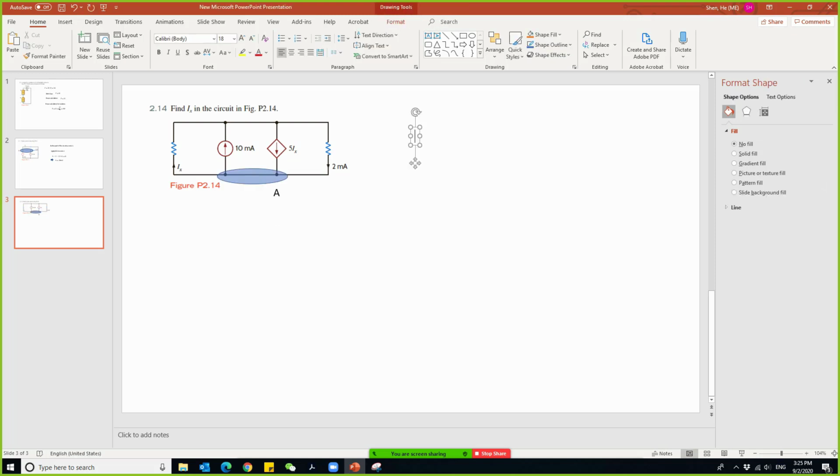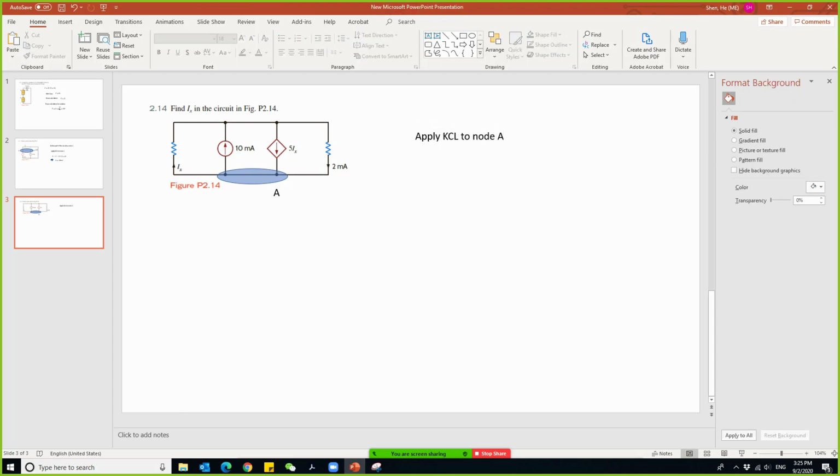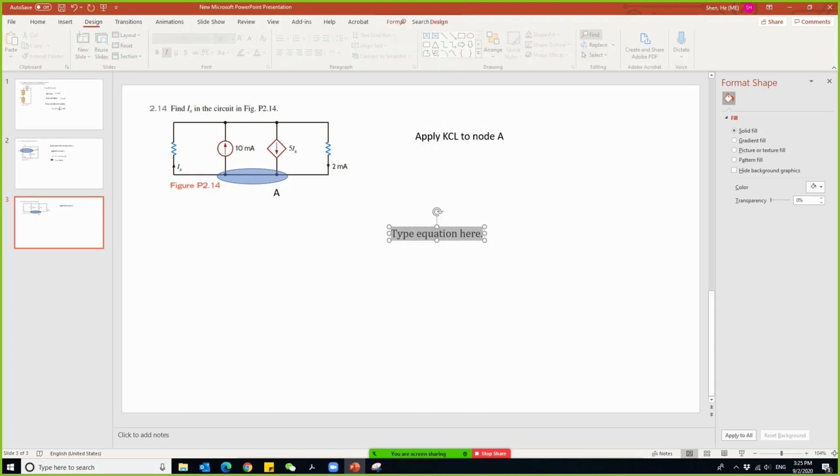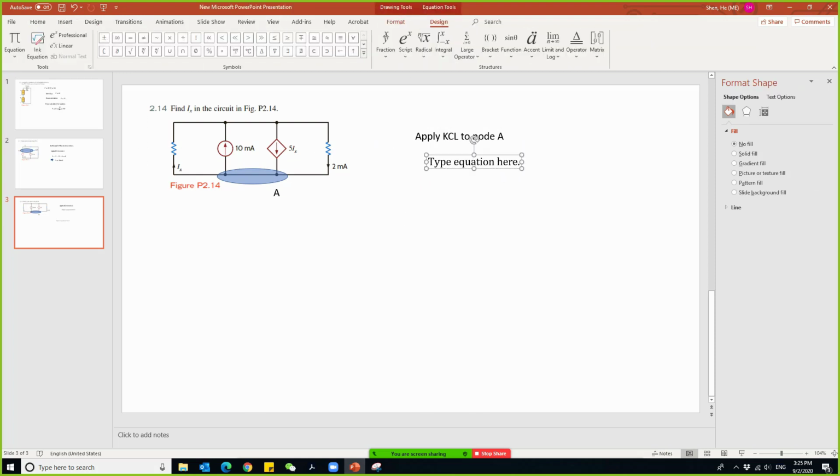Then we'll apply KCL to node A. We'll be able to write the KCL equation, and we'll use the current leaving the node as positive. If we do that, it will be Ix. This is a positive 10 because it's leaving, right?